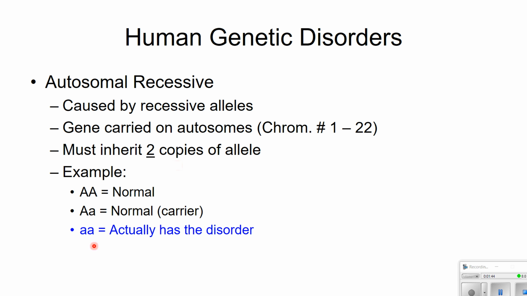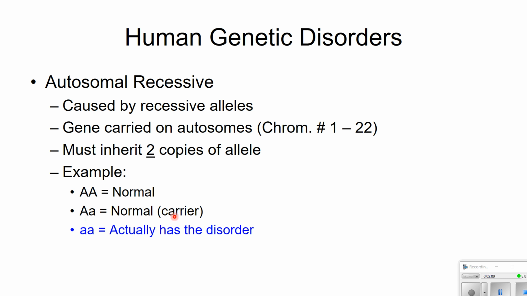Just to illustrate that, and I'm just using the letter A as a generic example, the lowercase recessive allele is the one that causes the disorder. So notice little a would actually have the trait. But if a person has only inherited 1 copy of that allele, they would be normal.